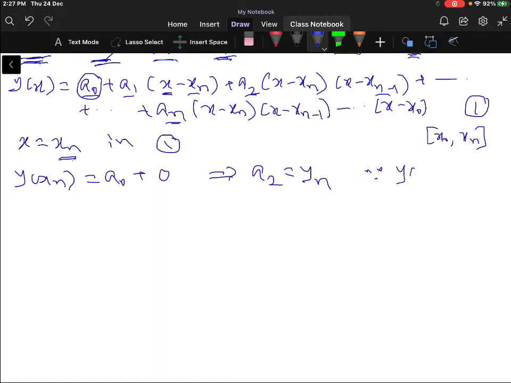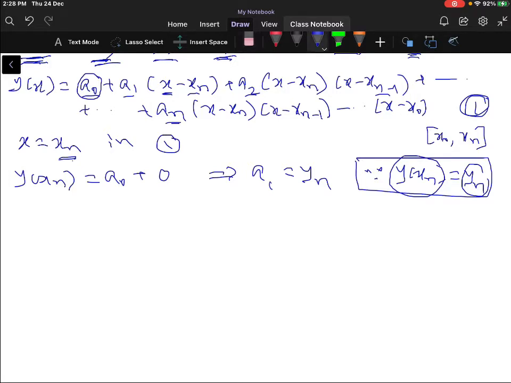So this implies a0 is equal to yn, since y of xn is the same as yn, where yn is the end value of y from the data points. y of xn is the value of y from the polynomial equation 1, and y of xn is the same as yn according to the definition of interpolation. So a naught is equal to yn.